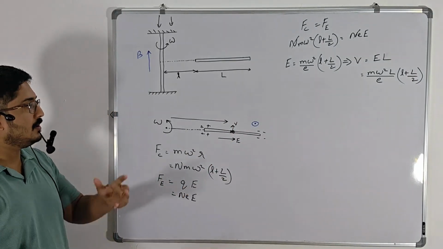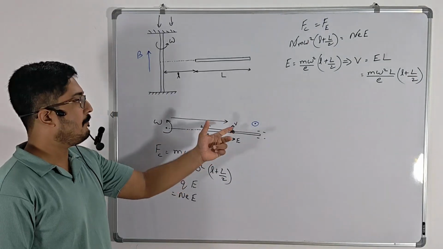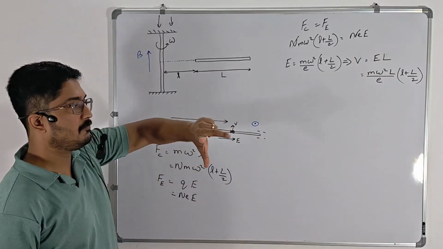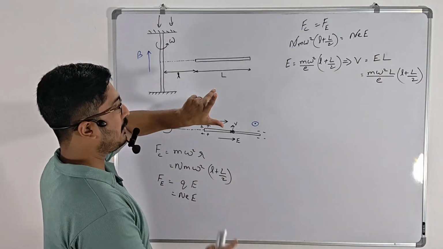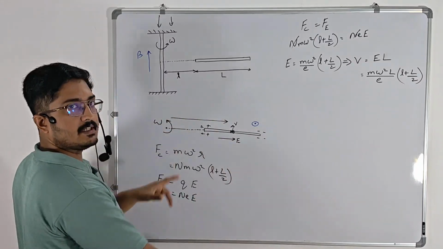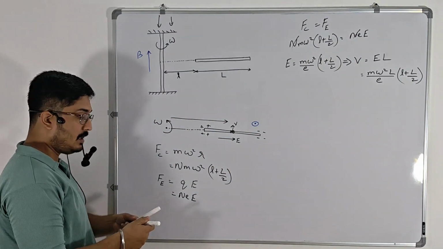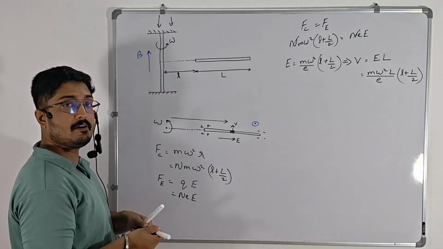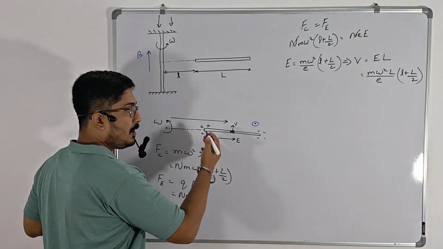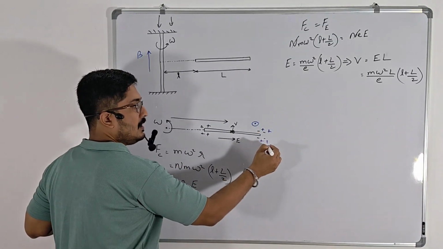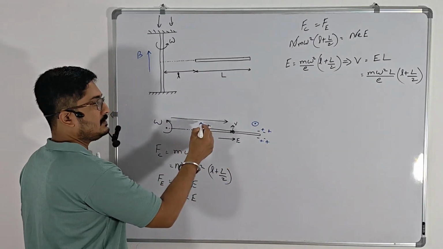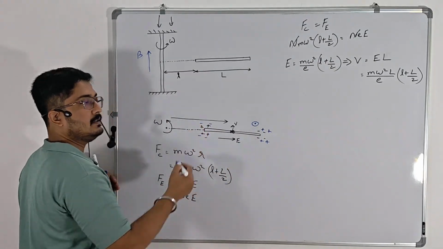Using Fleming's left hand rule, the magnetic field is outward of the board and the velocity is in this way, so I find the force is in this direction. Fleming's left hand rule is applicable for positive charge, so positive charge will experience force in this direction, and therefore the negative charges would accumulate in this direction.